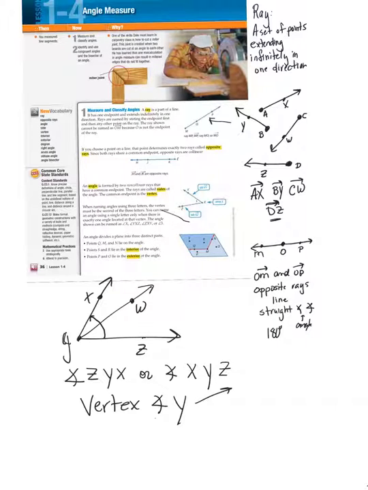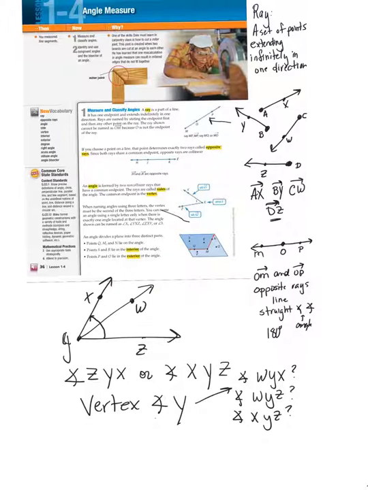If I say angle Y, does that mean I'm talking about angle WYX? Am I talking about WYZ? Or am I talking about XYZ? By using the one letter in a case where there are multiple angles at the same vertex, there's no clear-cut way to know which one you're talking about.